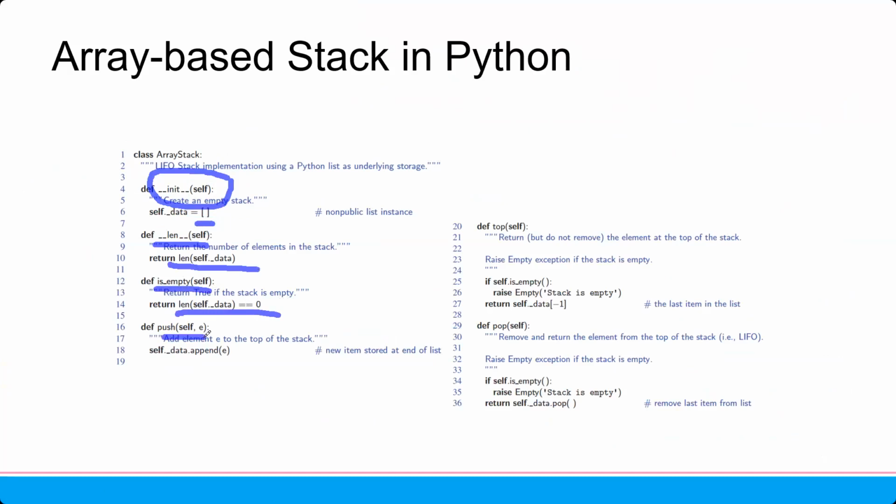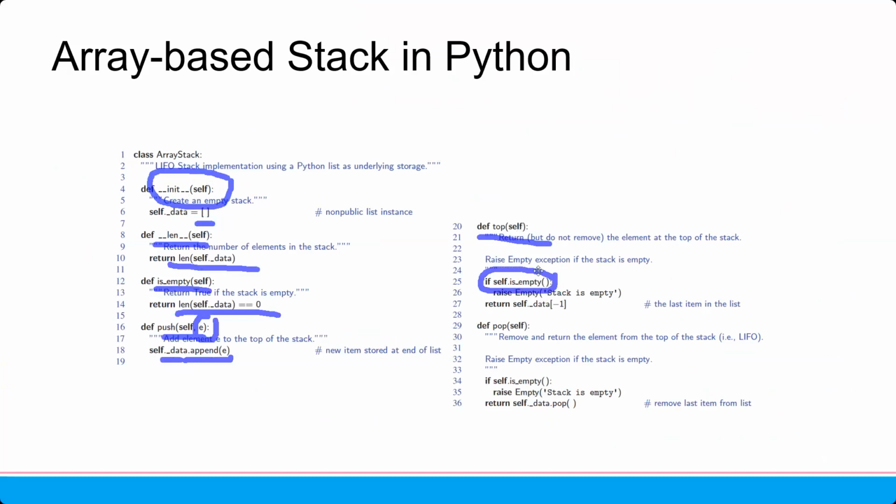Push. So when we push, it means we are going to append the element E into the top. Then for top, I'm going to check whether the top is available or not.